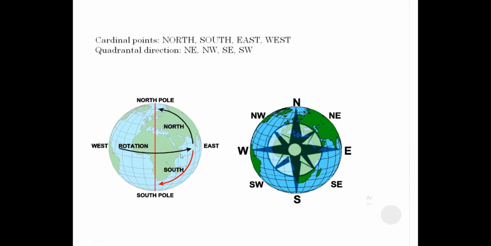Look at the arrow in the east direction. These north, south, east and west are called cardinal points, and northeast, southeast, southwest and northwest are referred to as quadrantal directions.